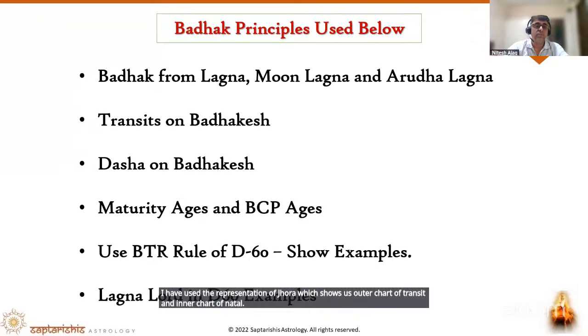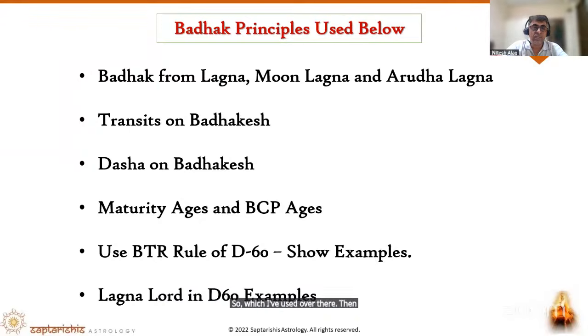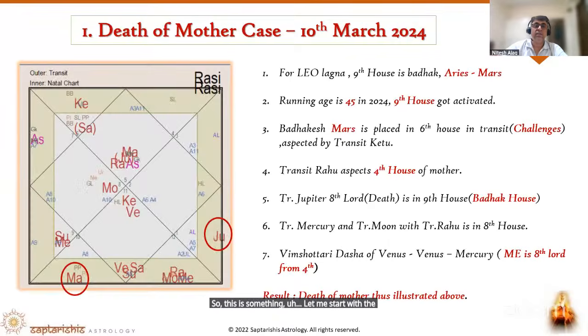Then the Dasha on the Badhakesh, maturity ages and BCP ages, which I have also taken into consideration. Then, using the BTR rule of D60, I have given one example.